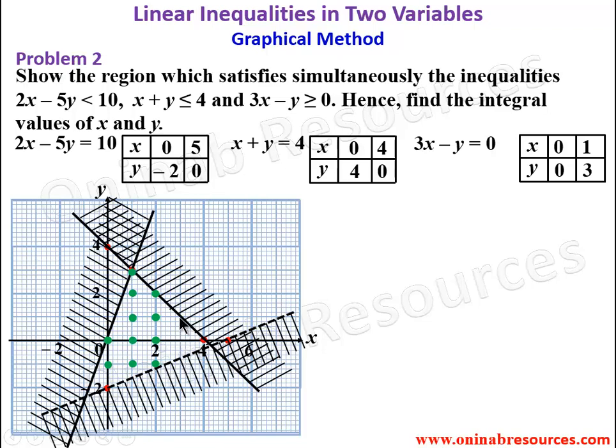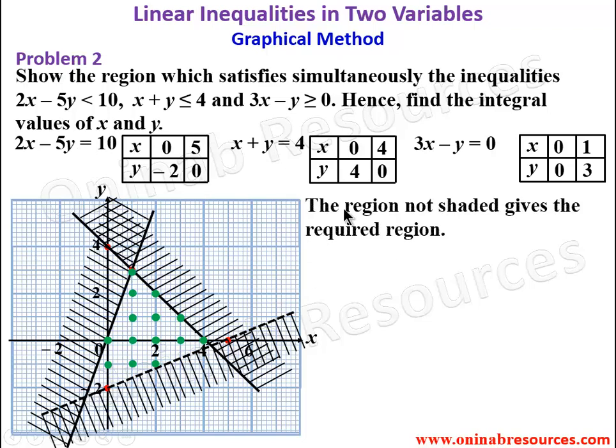This point is inside the required region. This point is inside the required region, but this point is not inside. Then the last point we are going to look at is x is 4, and this is the integral point there. We mark it. Then we now list out the values of x and y for each of these.